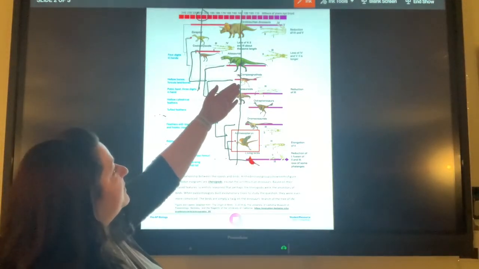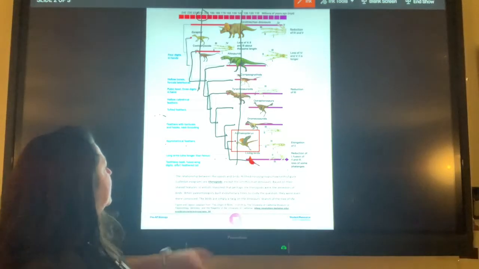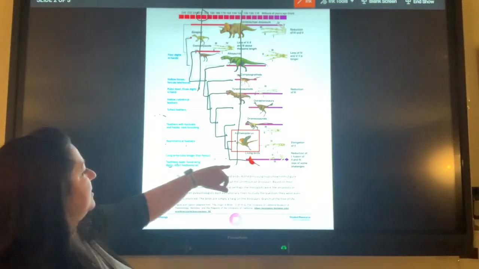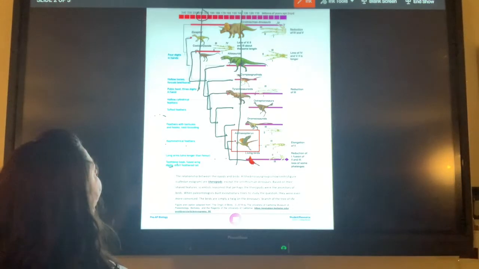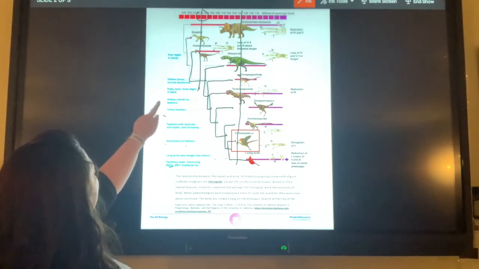You're losing some digits, you're fusing some digits. And so here in this modern day bird, you have a fused wing digit. Let's see, what else do we have? Nest brooding, hollow, cylindrical feathers.